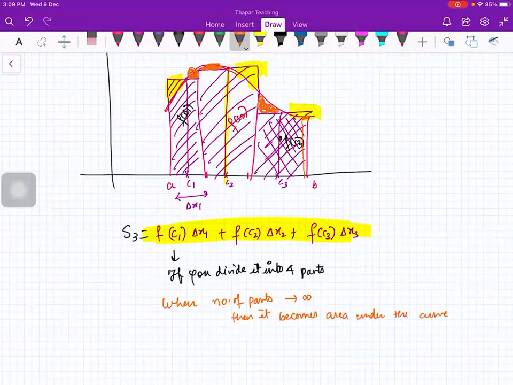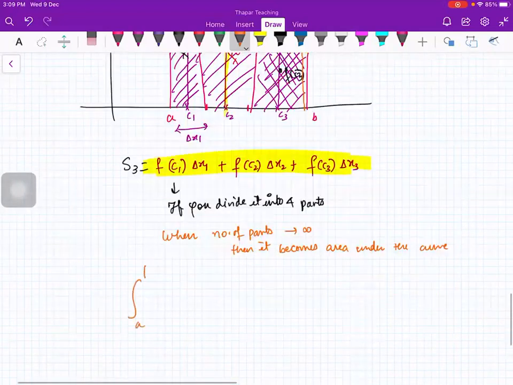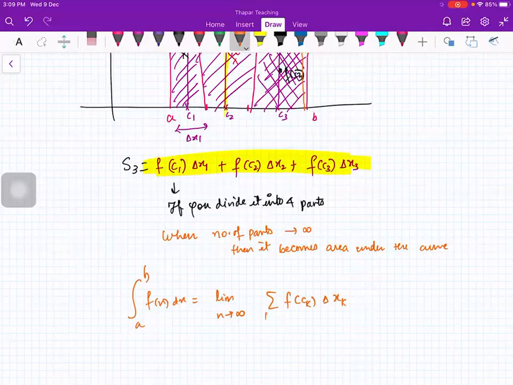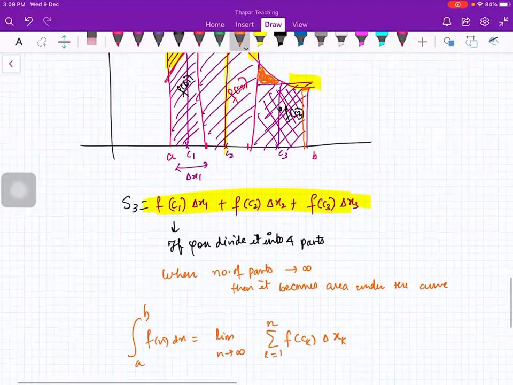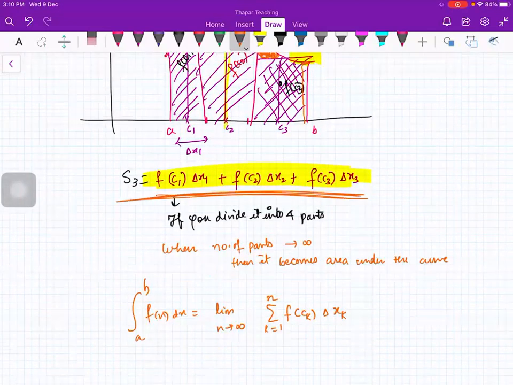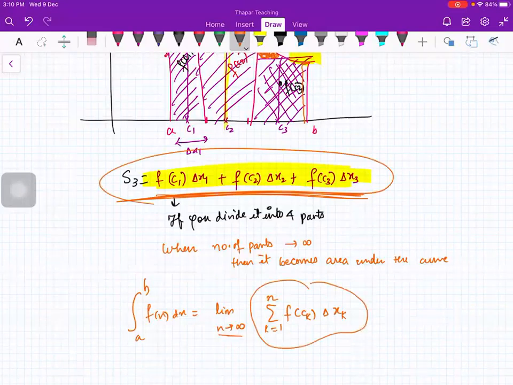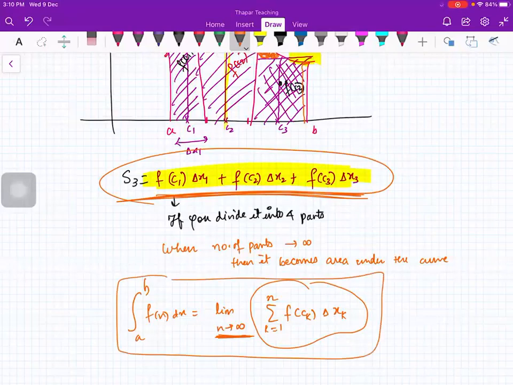So the definition of integral is the limit as n goes to infinity of the sum of f(ck) del xk, k from 1 to n. So whether you are taking 3 parts or n parts, this sum will be this, right? If you take n going to infinity, that is the definition of integration.